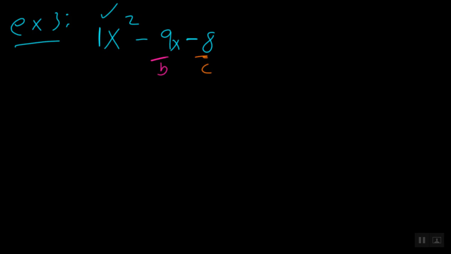So what are we really saying? We're saying that something plus something will equal our b term, and something times something will equal our c term, and using the appropriate colors, two things will add up to be -9, and they will also multiply to be -8. Let's see.